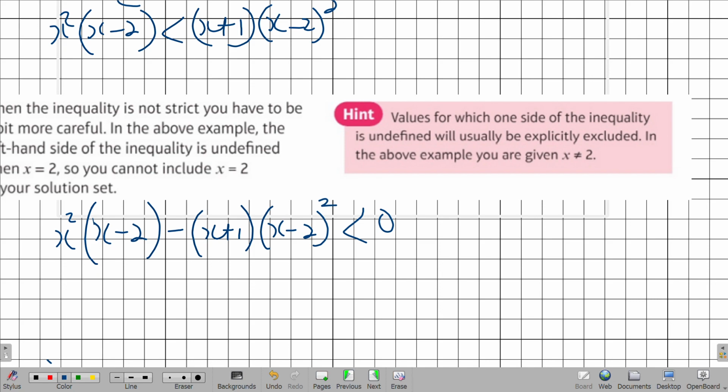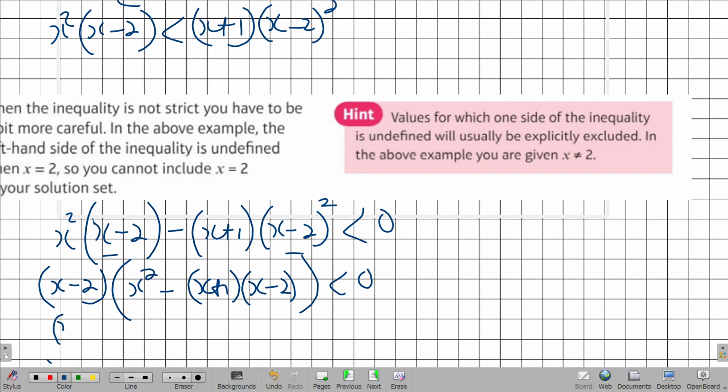So right now what is easier to do is to find the common factors, which is x minus 2 in both. We are left with x squared minus x plus 1, x minus 2, is less than 0.